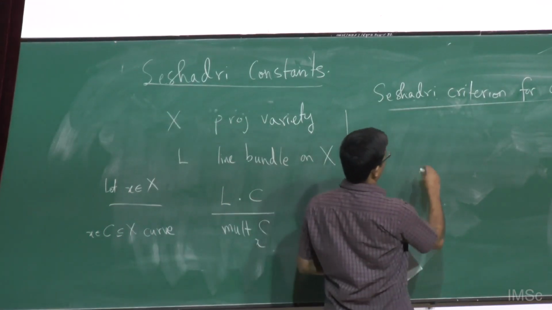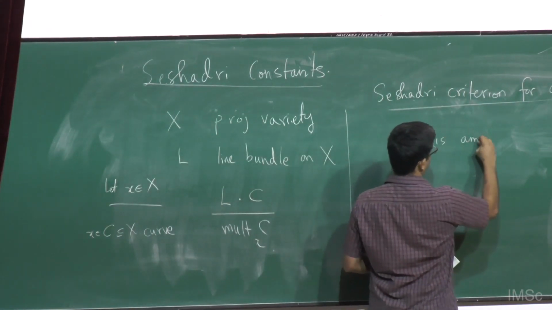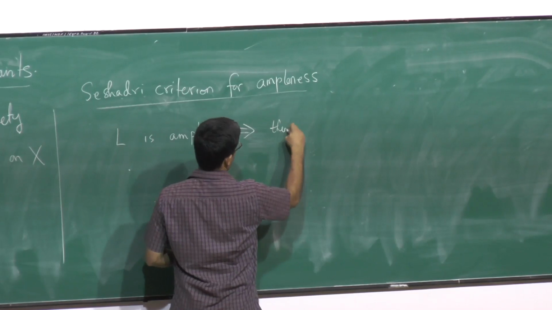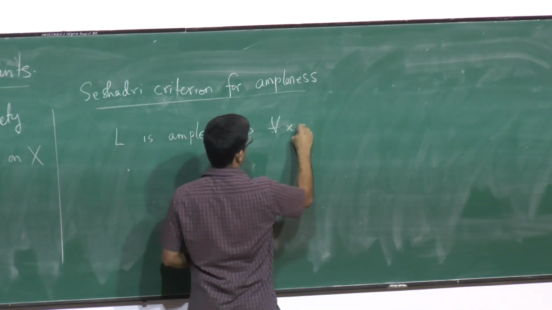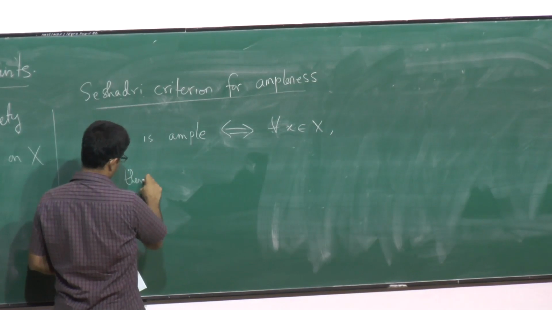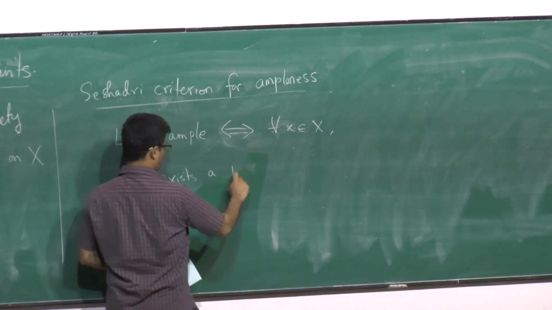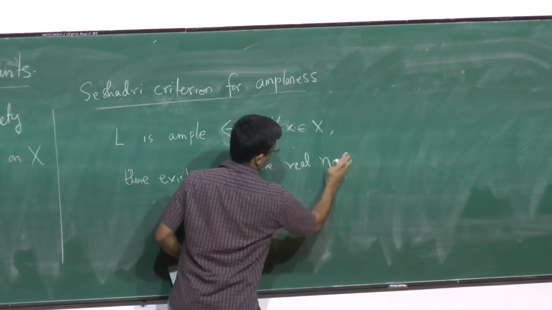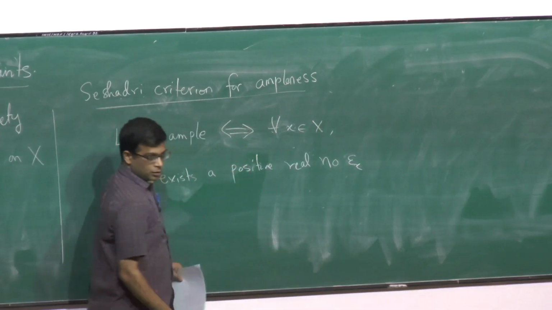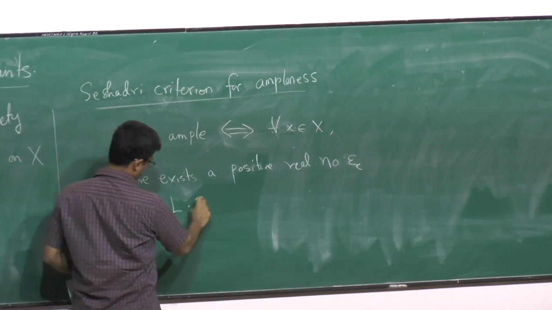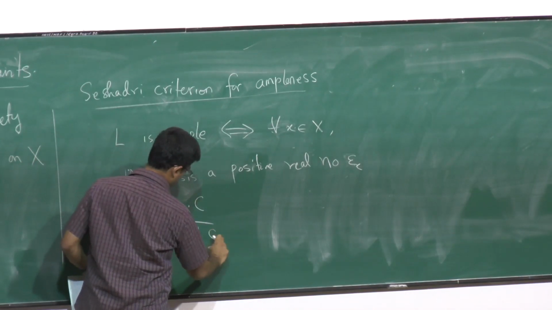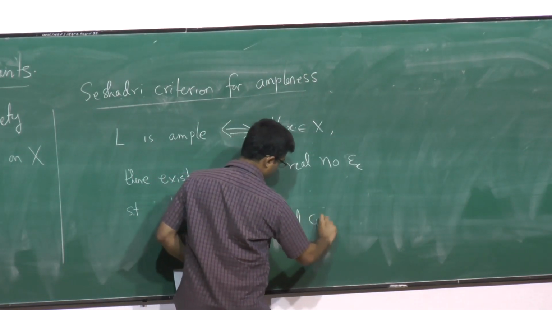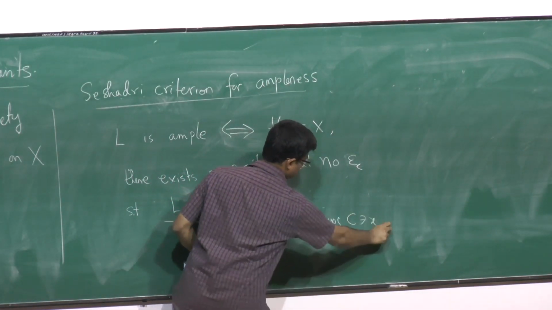So the Seshadri criterion for ampleness says that L is ample if and only if for all x, there exists a positive real number, let's say epsilon x, such that for all C containing x, the ratio is at least epsilon x.